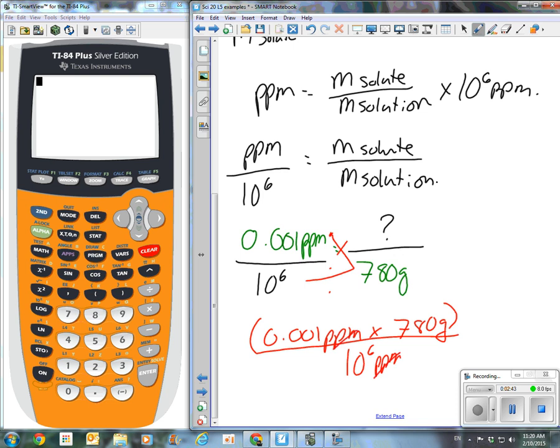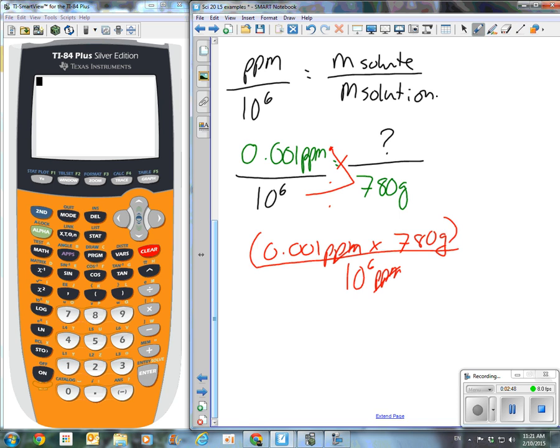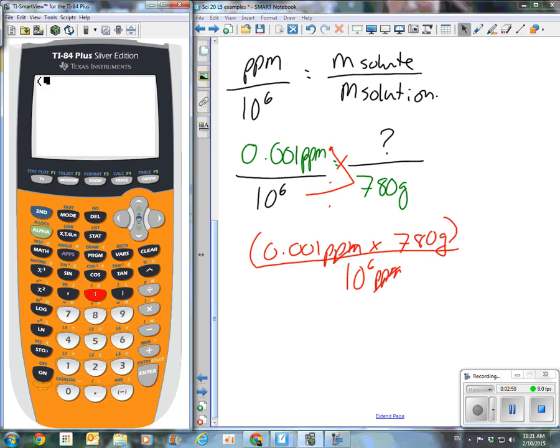Parts per million is going to cancel out. I'm going to get a value in grams, which makes sense because what I'm looking for is a mass. So here we go. Bracket 0.001 times the 780, end bracket, divided by 10 to the power of 6.